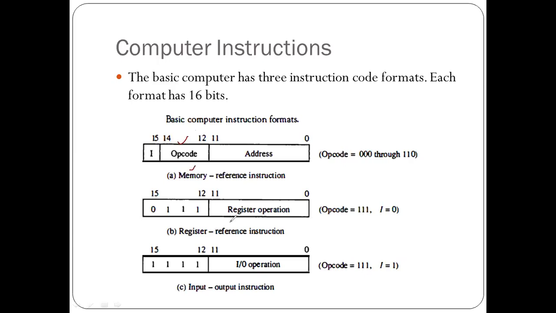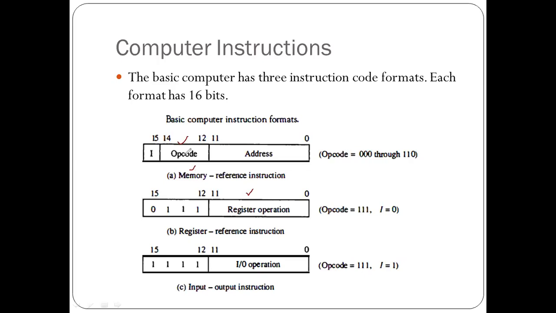Next, if the operation is directly on the accumulator, then you don't require the 12 bits for referring to memory. So these 12 bits are now free. I use these 12 bits to specify the operation to be performed on my register, the accumulator.